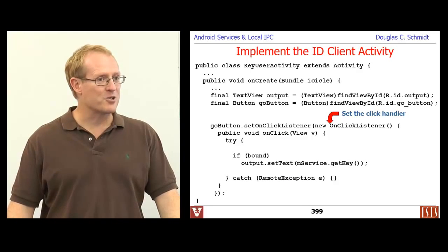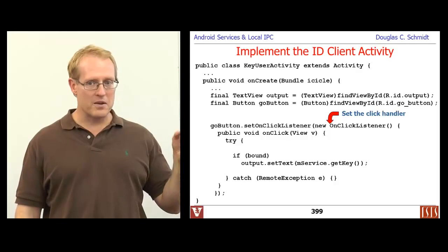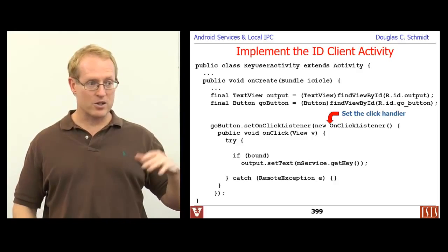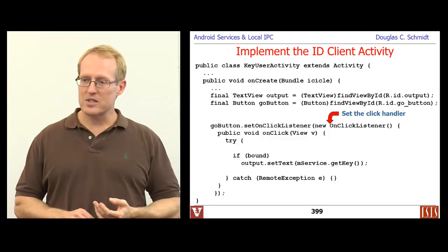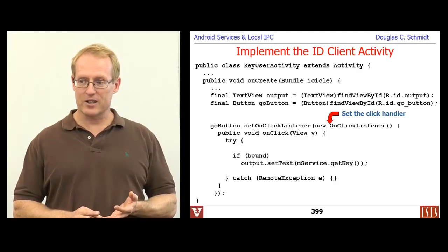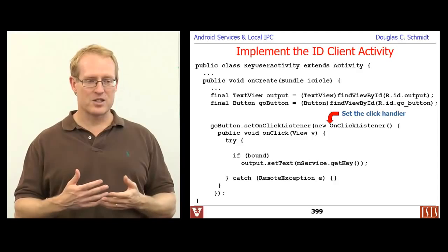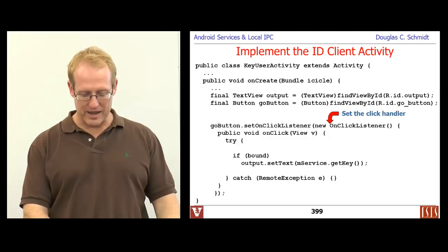Here then is actually the interesting part, right? This is the part that finally gets to use what we've been doing. So here's the onCreate method. When onCreate is called, as you know, when the activity starts, this guy registers an explicit click handler. It doesn't do it through the layout file, it does it just by registering this callback dynamically.